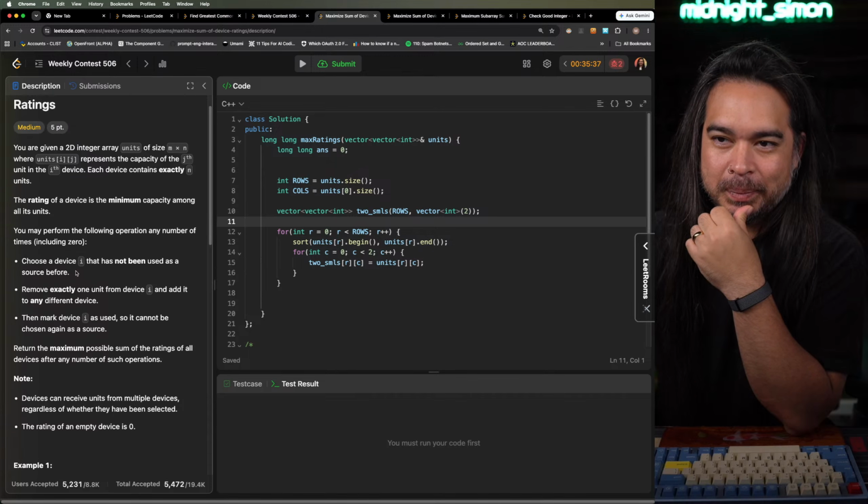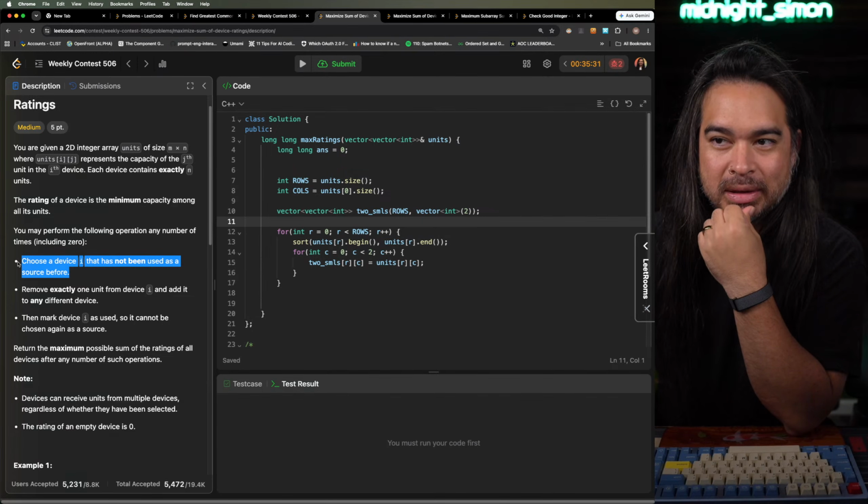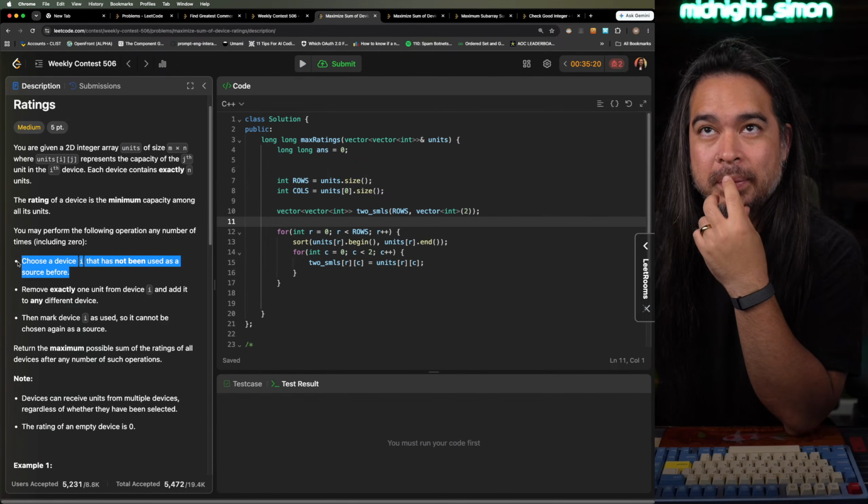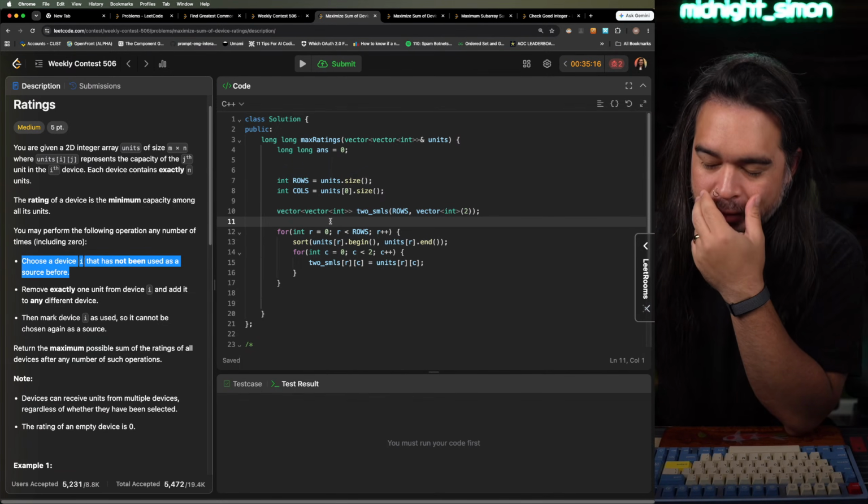All right. So I choose a device that has not been used as a source before. Am I overthinking this problem?